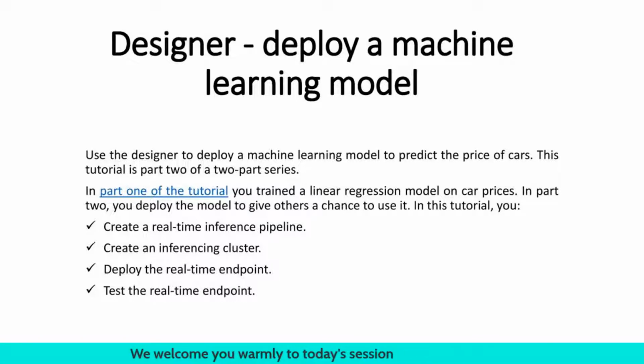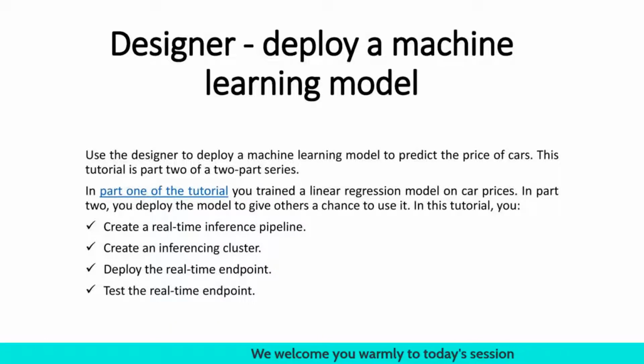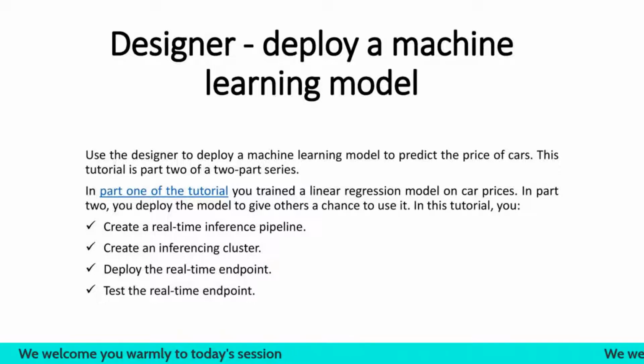Then second, we are going to create an inferencing cluster, which is the cluster that will process the real-time inference pipeline that we've created. Then number three, we deploy a real-time endpoint.